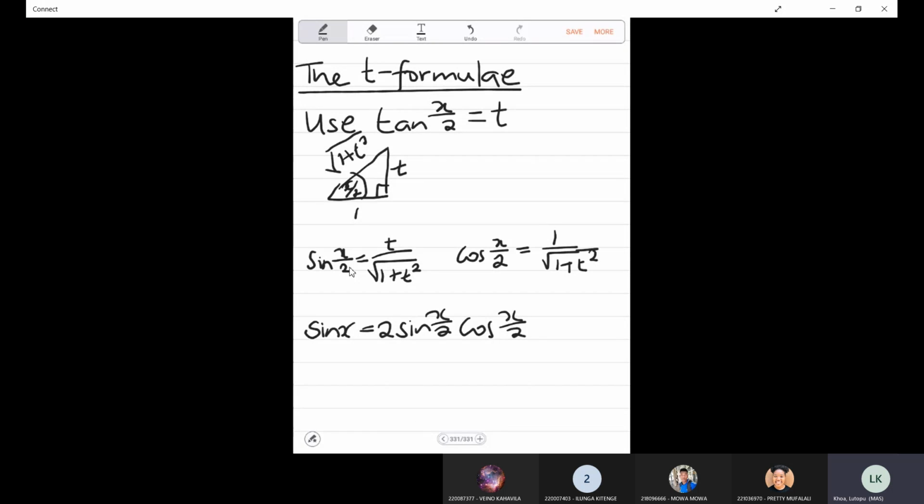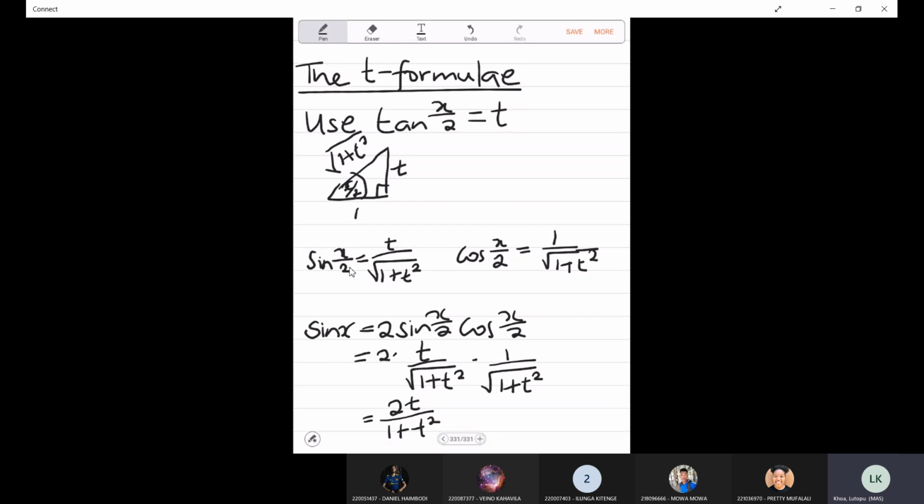So we can then substitute what sine x over 2 and cos x over 2 are, and then work out a formula for sine x. So this is 2 multiplied by t over the square root of 1 plus t squared multiplied by 1 over the square root of 1 plus t squared. And this is 2t over 1 plus t squared.